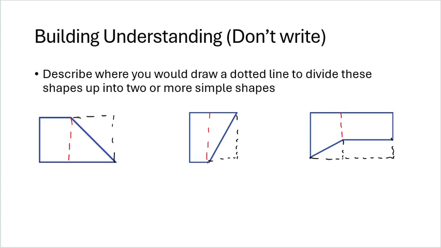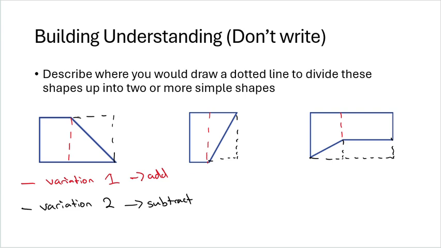So as you can see, it's like that. Variation 1, or you can do variation 2. The main difference is variation 1 is when you have to add, and variation 2 is where you're forced to subtract. That's how it works here.